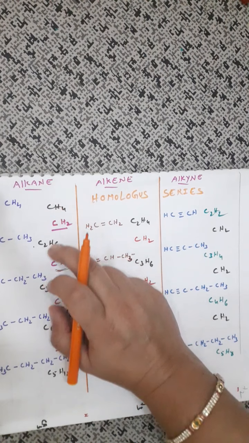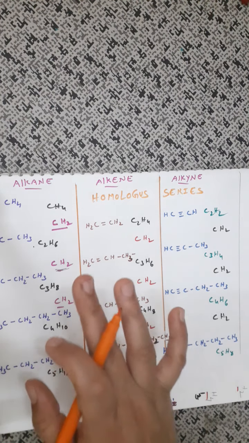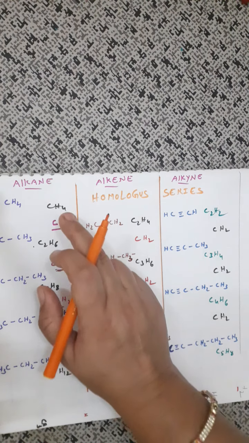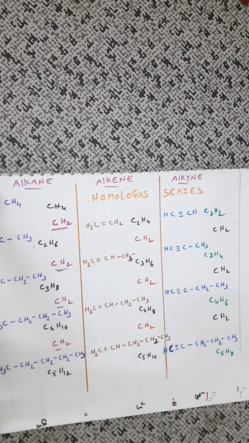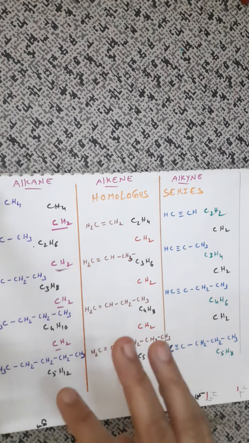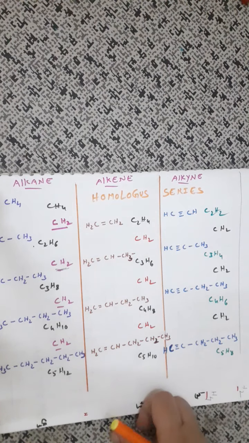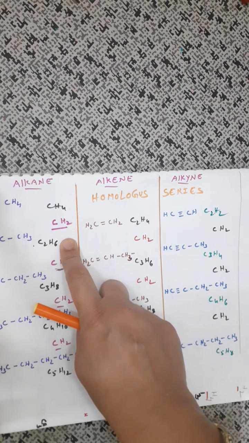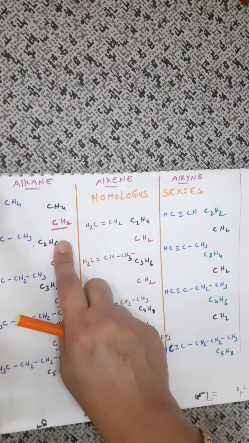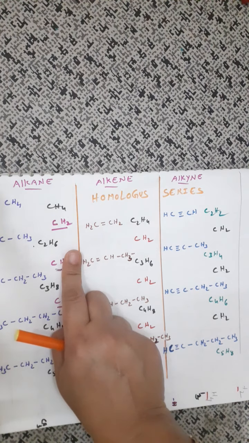Since they have a similar general formula, their chemical properties are also the same, but the physical properties will gradually change, especially melting points and boiling points. So this kind of series is called a homologous series: two consecutive members differing by CH2, having similar chemical properties but different physical properties.